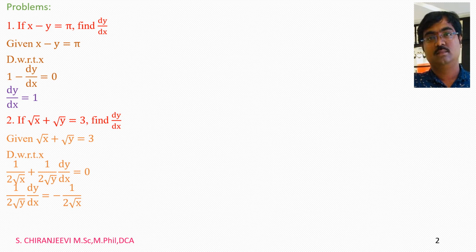So 1 by 2 root y dy by dx equal to minus 1 by 2 root x. 2 cancels and cross multiplying root y, the final answer is dy by dx equal to minus root y divided by root x.